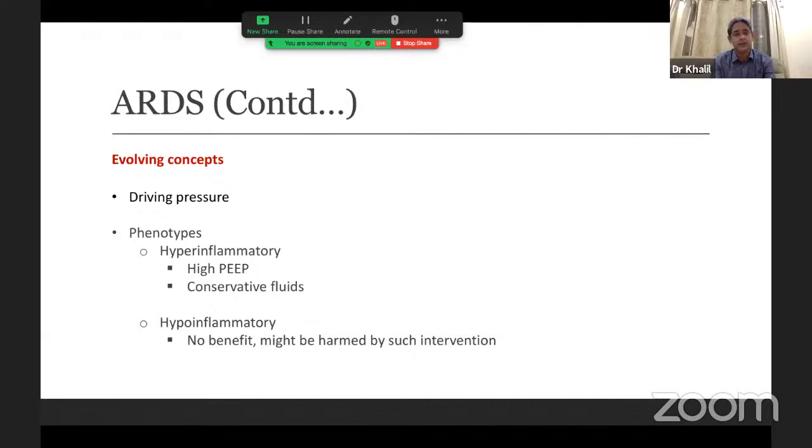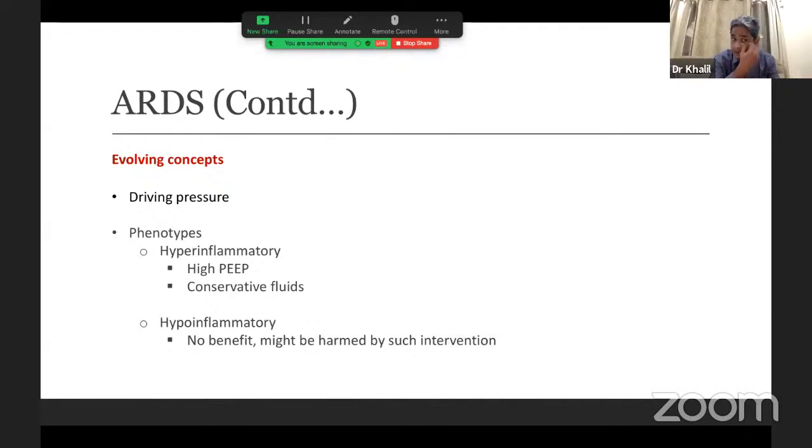There is certainly an importance with regard to the management of these two different types, where the hyperinflammatory type needs high PEEP and conservative fluid, while the hypoinflammatory type might be harmed by such intervention. So you may need to keep a low PEEP, and you need to have a liberal fluid policy for the hypoinflammatory type.